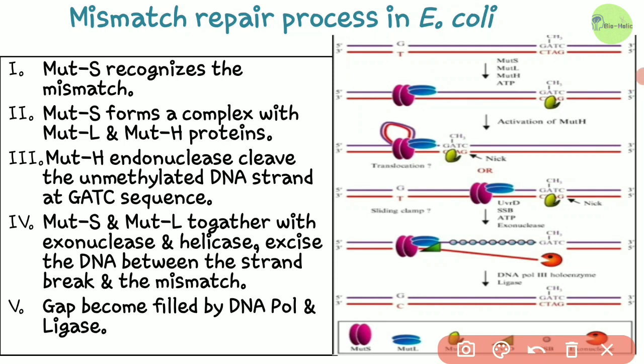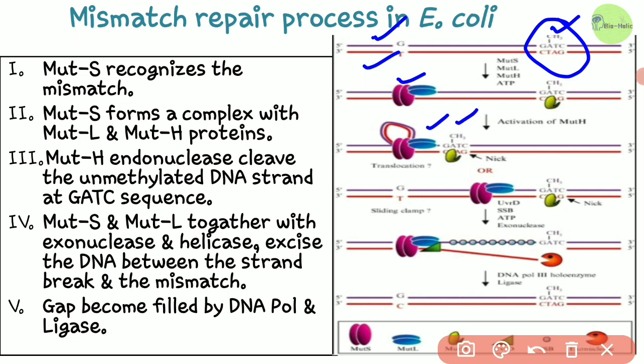Now, in the E. coli mismatch repair system, this is the parent DNA strand and this is the daughter DNA strand, because the parent DNA strand always carries a methyl group. After the addition of the tag by the DAM and DCM enzymes at this position, MutS can recognize the mismatch, and then it forms a complex with MutL and MutH.